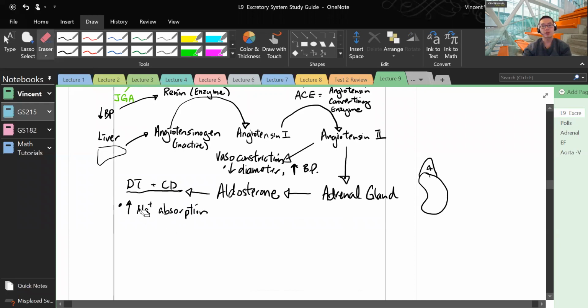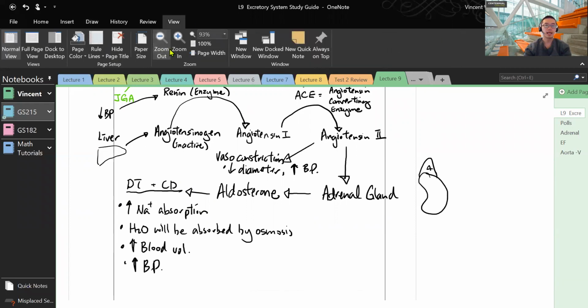It will take the sodium from the filtrate back into the blood. And then, because you have increased sodium absorption, water will follow by osmosis. And that will increase blood volume, which in turn increases blood pressure.